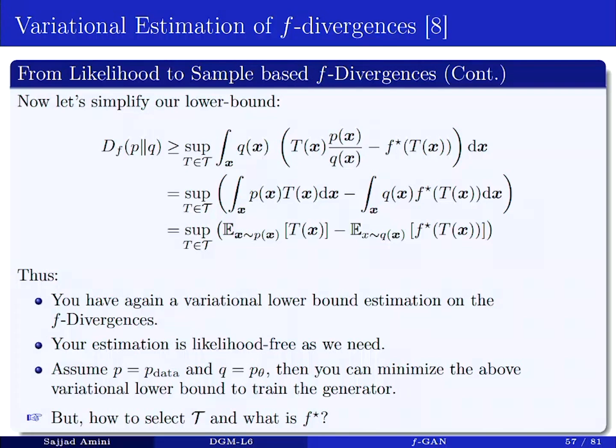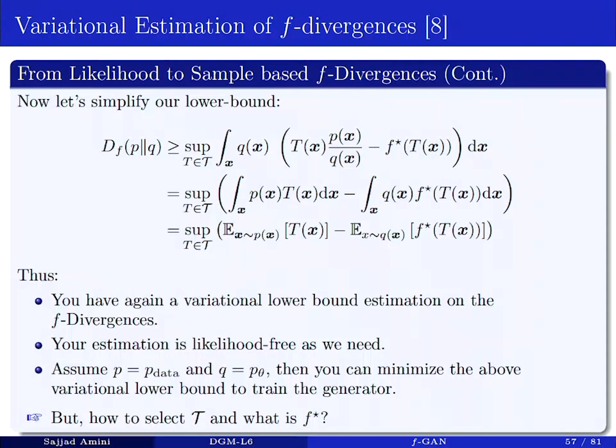So thus you have a variational lower bound estimation. Why is it called variational? Because potentially you are optimizing over functions. This is an element of a function family. I mean, you are optimizing over functions, so it is a variational optimization.